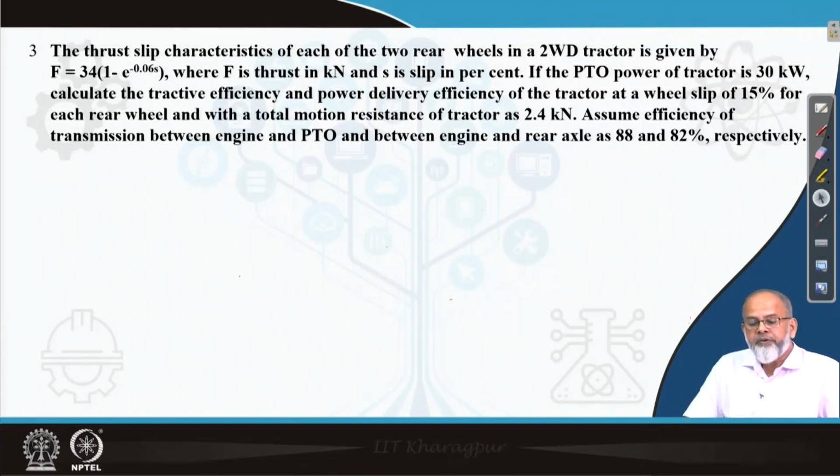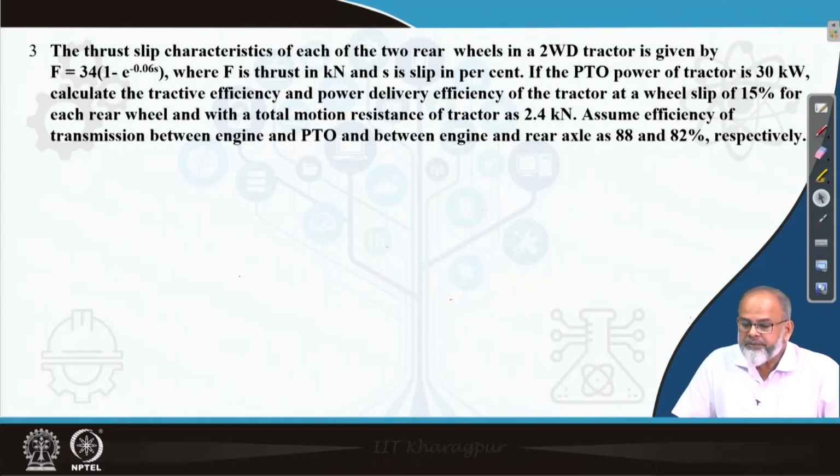Now, if the PTO power of a tractor is 30 kilowatt, calculate the tractive efficiency and power delivery efficiency of the tractor at a wheel slip of 15% for each rear wheel, and with a total motion resistance of the tractor as 2.4 kilonewton.